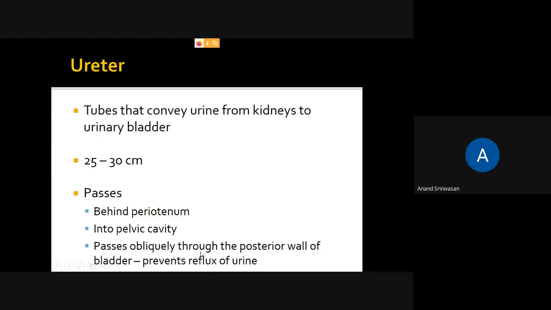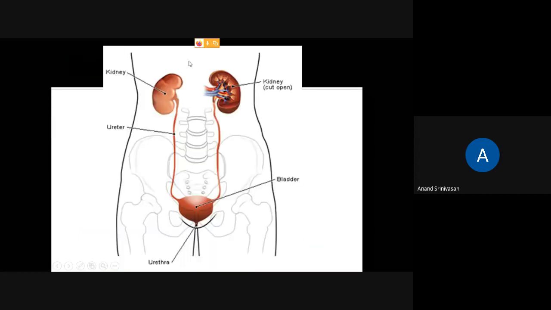not straight. It passes through the posterior wall of the bladder. That is, it passes for a certain time within the wall of the urinary bladder. Now why is it passing through like that? In order to prevent the reflux of urine. So here you can see the kidney, the ureter.